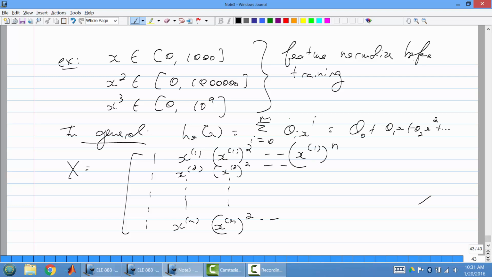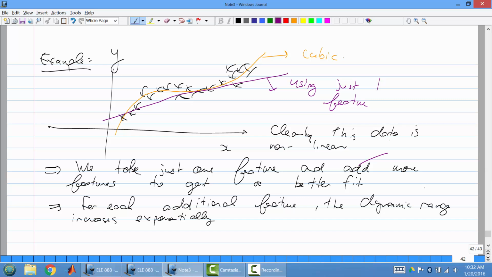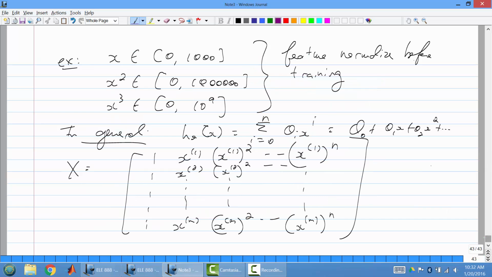Sorry, this is n; we'll make that powers instead of examples. Okay, that's good. In mathematical terms, this matrix is what's known as the Vandermonde matrix. If you take a look at some linear algebra or calculus textbooks, this is what is known as a Vandermonde matrix. And then you got to make sure that you feature normalize before you use this. All right, so feature normalize.